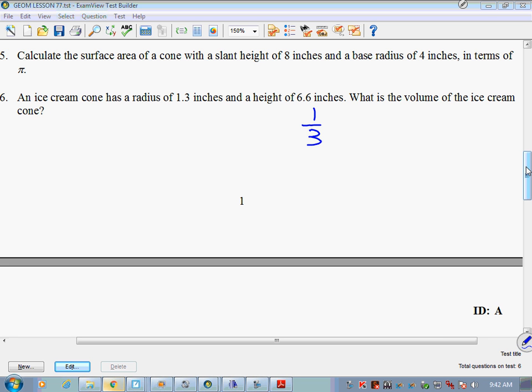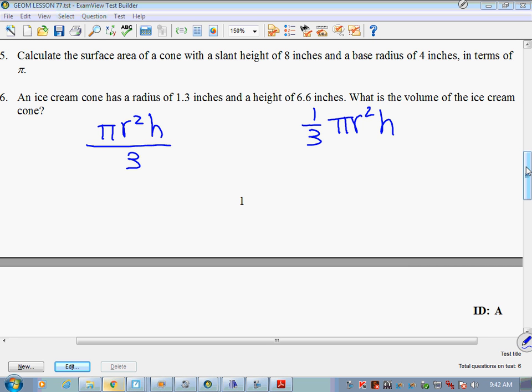It's round, okay, so it's a circle. How do I find the area of that circle? Class, how do I find the area of a circle? Pi r squared, okay, times our altitude or height. Or you could do pi r squared height divided by 3.